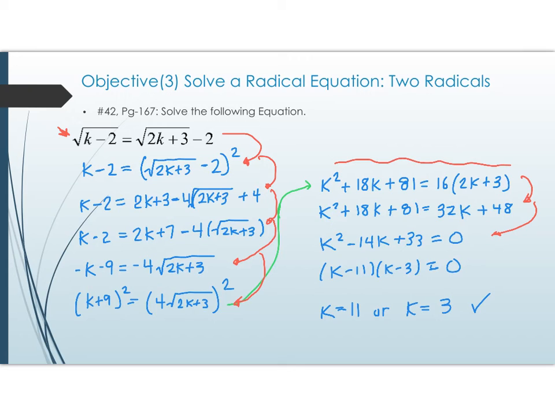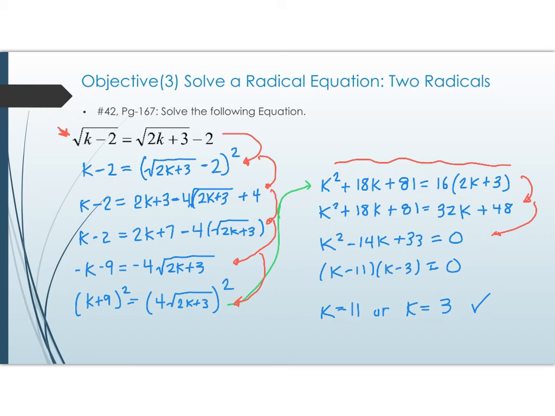So we have to subtract 32k from both sides of the equation and 48 from both sides, and we end up with k squared minus 14k plus 33 is equal to 0.